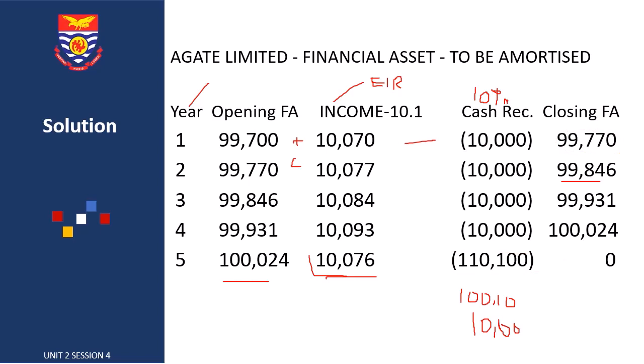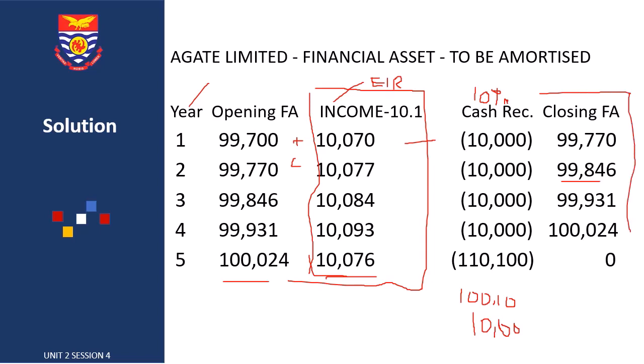So it's only these two items. The items that will go to profit or loss account are your effective interest rate or the income you are receiving. This is what will go to P or L. And then the closing balances will go to statement of financial position.